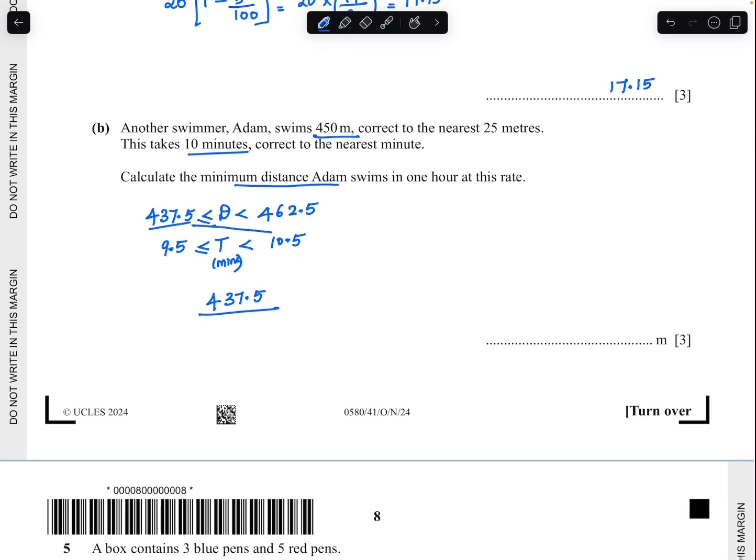Because it is division, we have to take the upper bound of the time. This being in minutes, we have to divide this by 60. So which gives us 437.5 times 60 divided by 10.5. So this will give me 2500 meters.